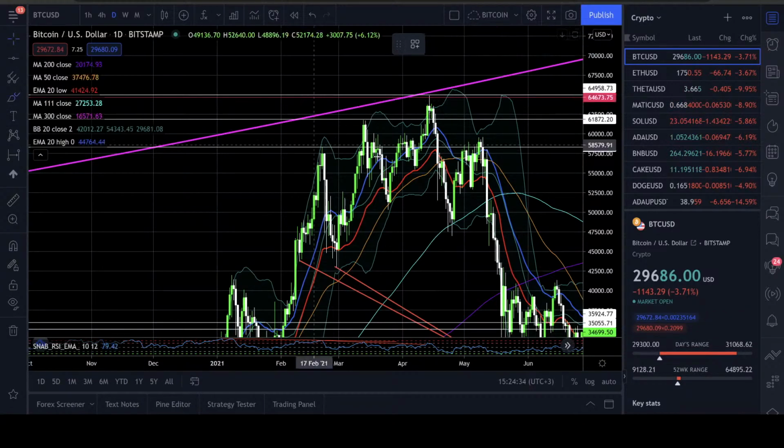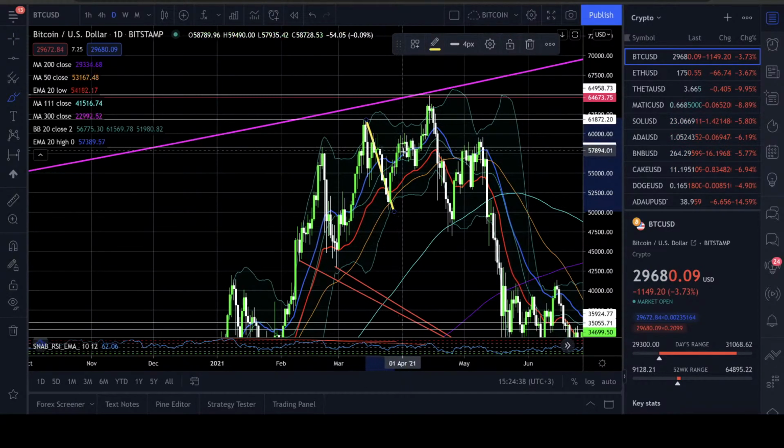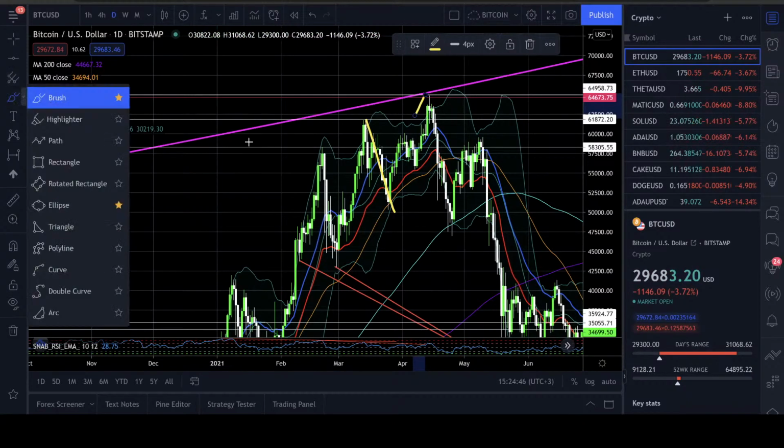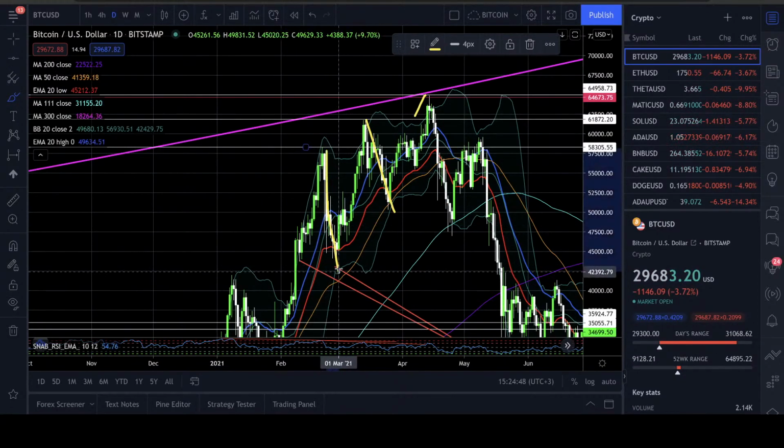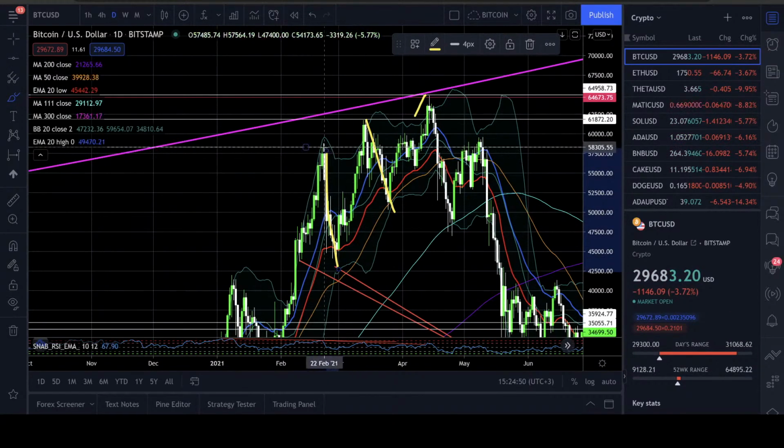So the length of this dip is big, but the rise was very small. You understand? You see the difference? And similarly here, the dip was really big, but the rise from the previous high was very small.